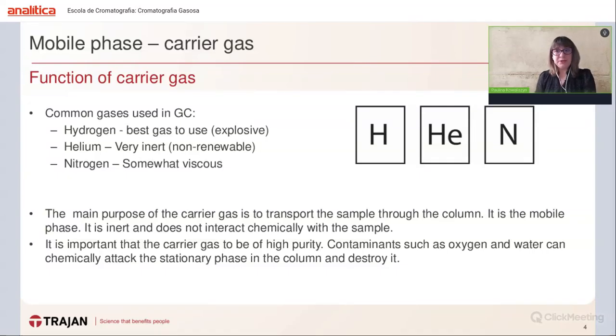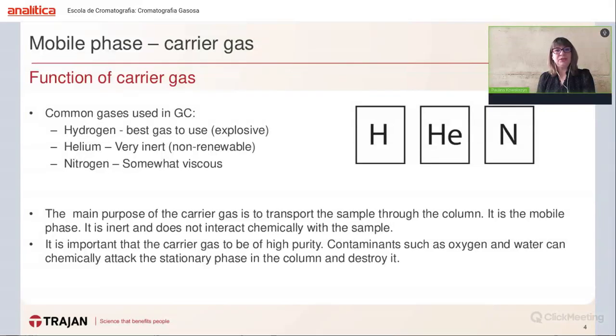It must be inert, so it doesn't interact with any components of our sample. And it is important to have a carrier gas of high purity, as contaminants can chemically attack the stationary phase in our column and destroy it.